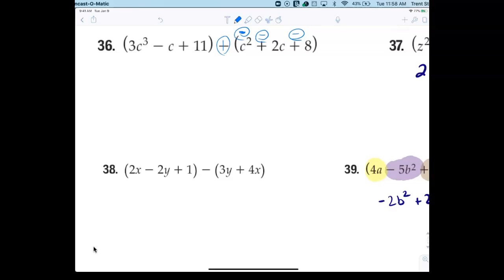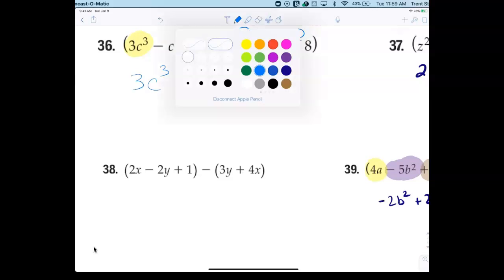Now be careful. What I want you to do is be careful. First and foremost, the only thing we can put with, you see what I'm saying, right? Yeah. So go ahead. And again, I'm just trying to say that's the common mistake, trying to put things together quickly. All right, the only thing c cubed can go with is what? C cubed.